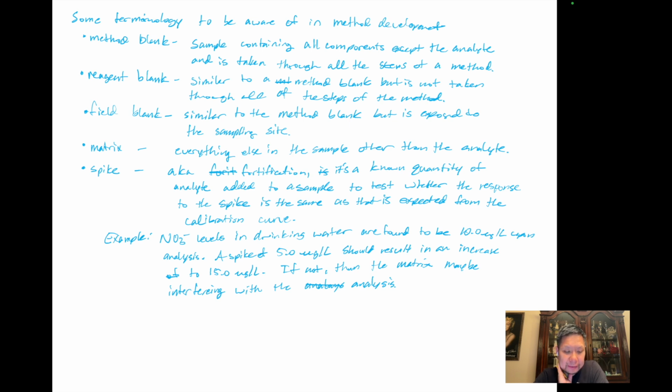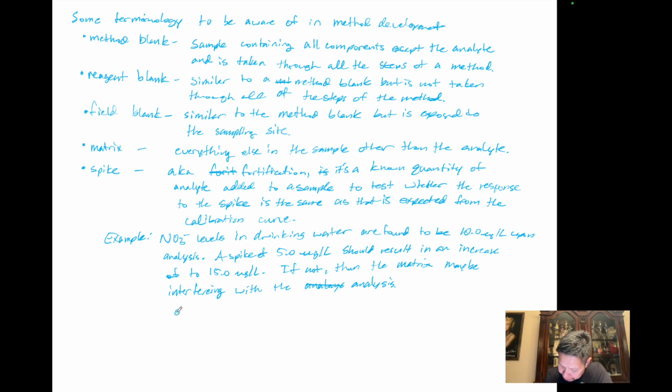But if we don't see that when we do our analysis with our calibration curve, that means there was something in the matrix that's interfering with the analysis. Being able to recover the 15.0 micrograms per liter from adding a 5.0 microgram per liter spike into a sample that has 10 micrograms per liter is known as the percent spike recovery, right? And so there's an equation to figure out what your percent spike recovery is.